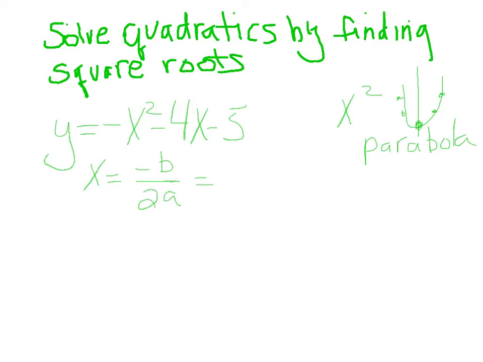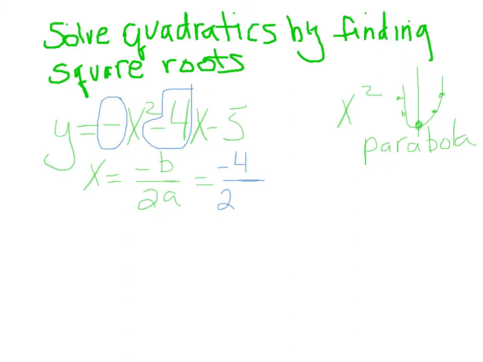Now, what's b? b is the number in front of the plain x term, along with its sign. So we have negative 4. And then, what's a? a is the coefficient in front of the x squared term.